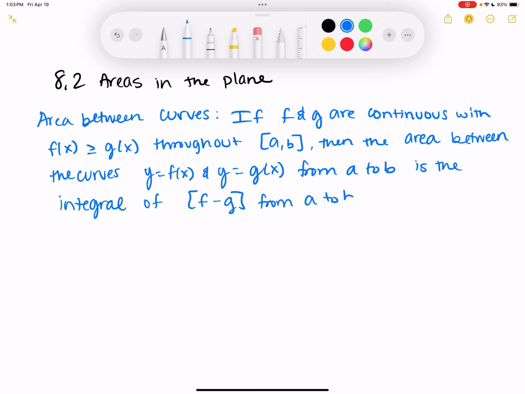And so we would have the integral a is equal to the integral from a to b of f of x minus g of x dx.